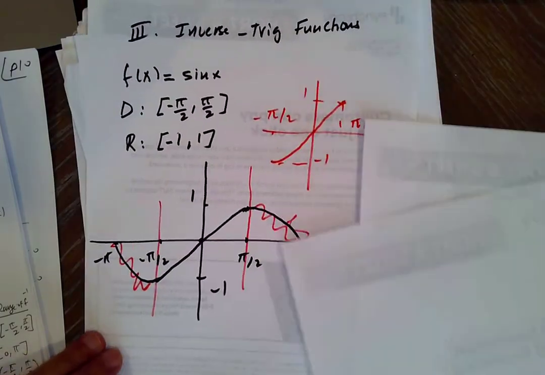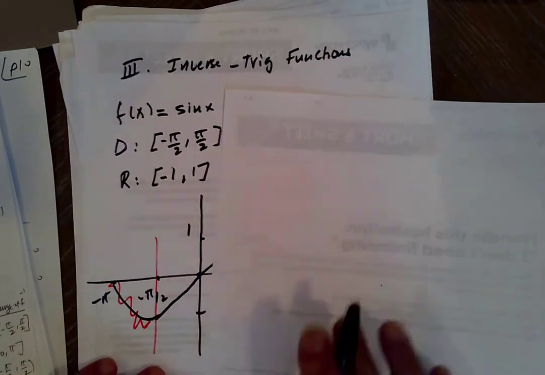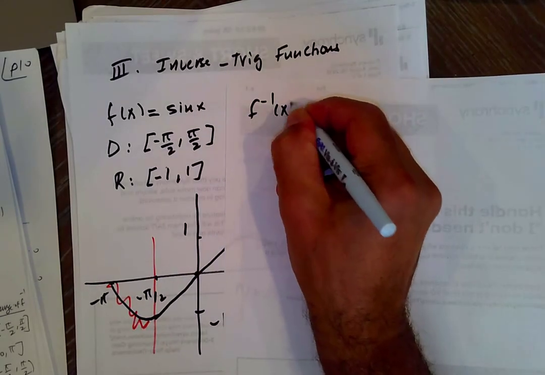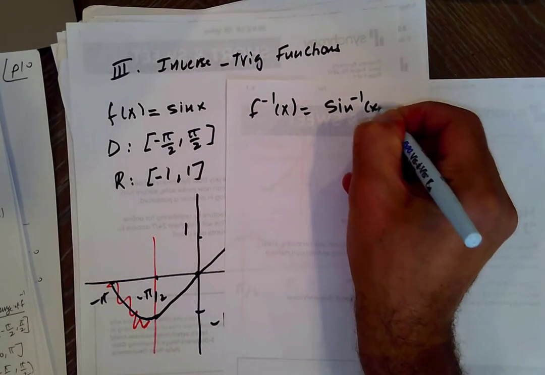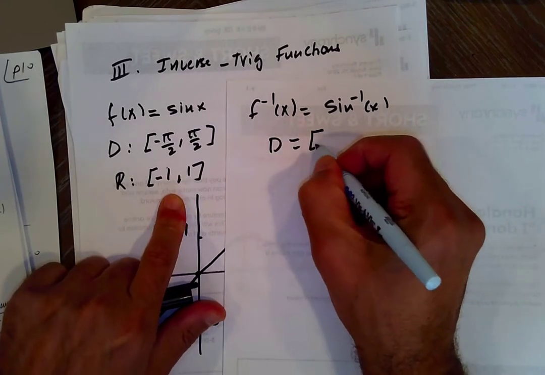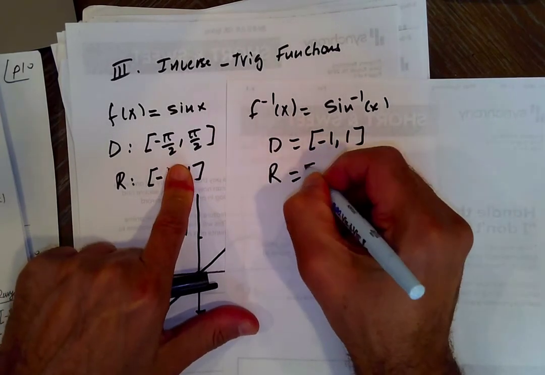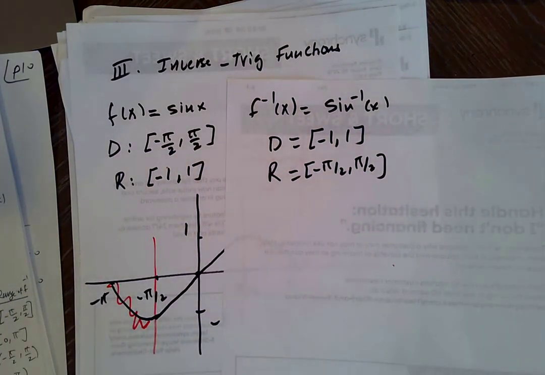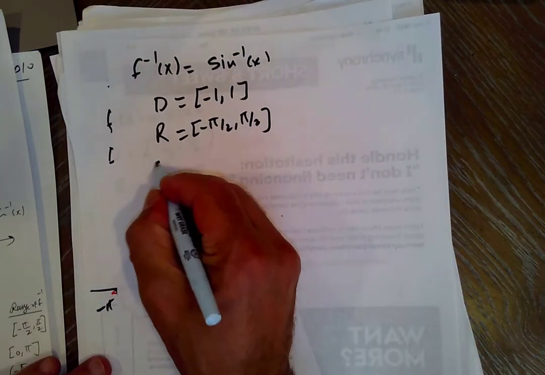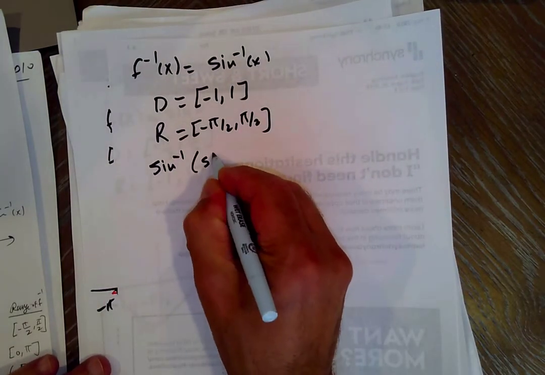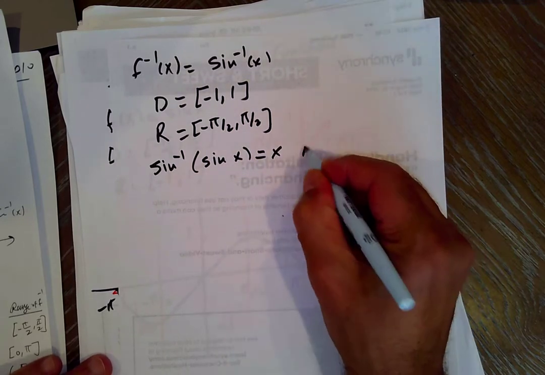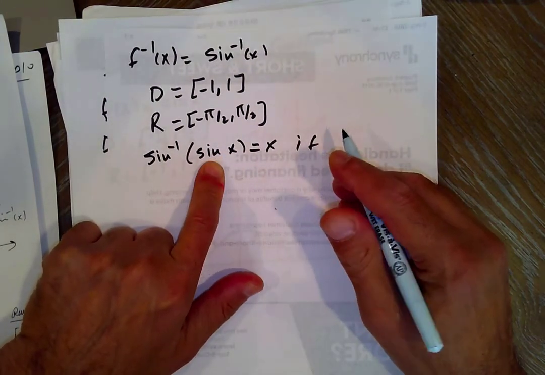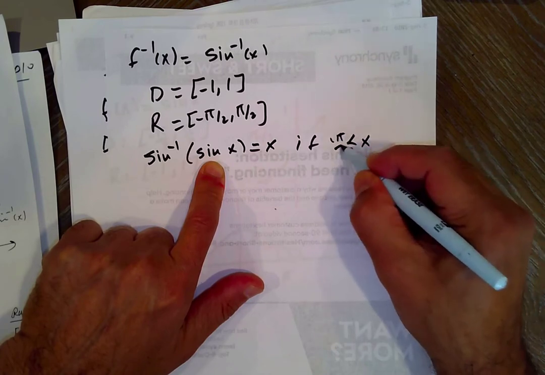Okay, so its inverse would be sine inverse of x, that's the notation we use, and the domain and range swap, x and y, so the range is negative pi over 2 to pi over 2. You can put this in your calculator to graph it. I have the graph on D2L, you can check that. So remember f inverse of f of x equals x, if x is in the domain of sine, so x has to be between negative pi over 2 and pi over 2.